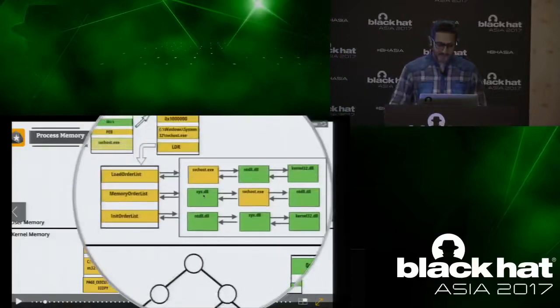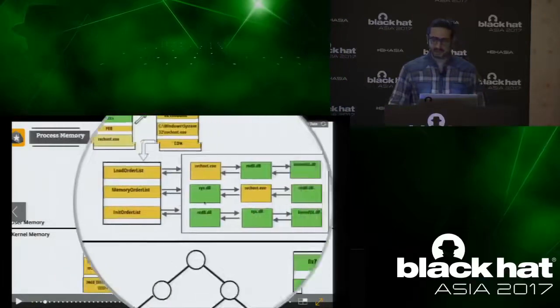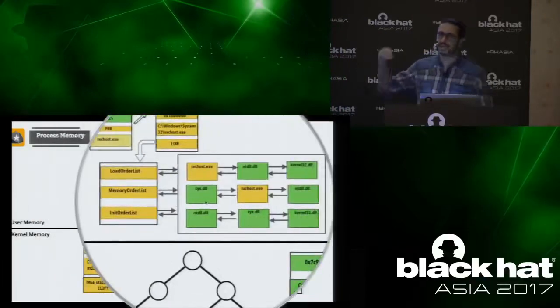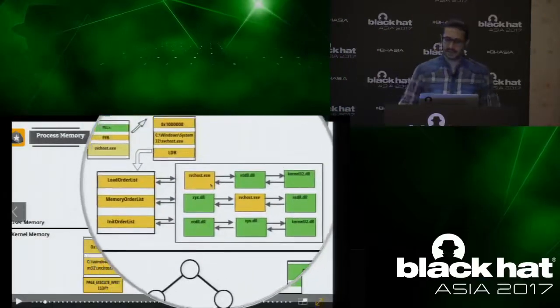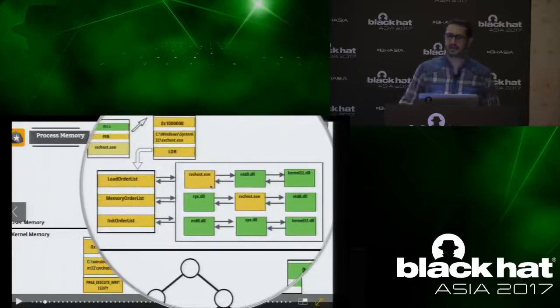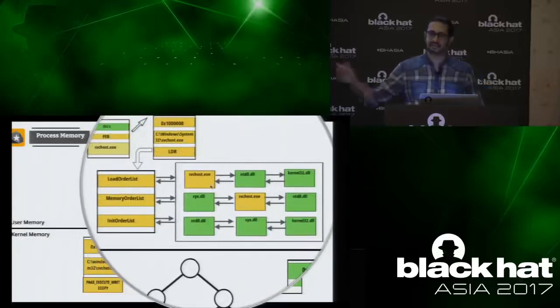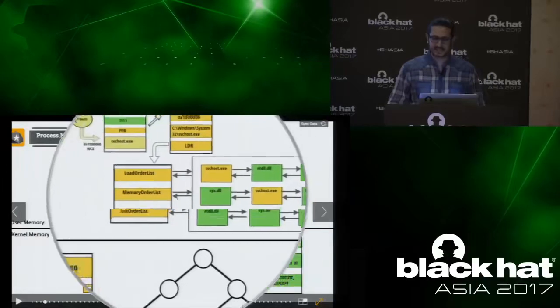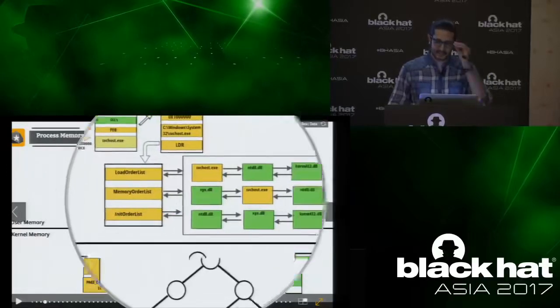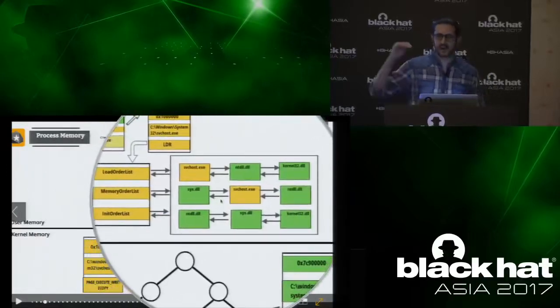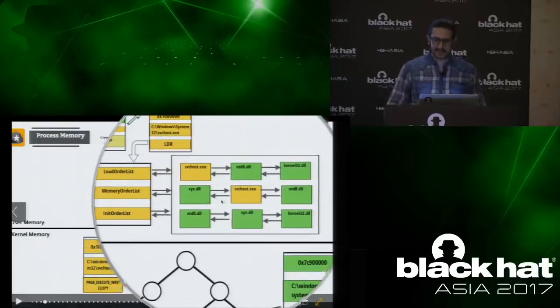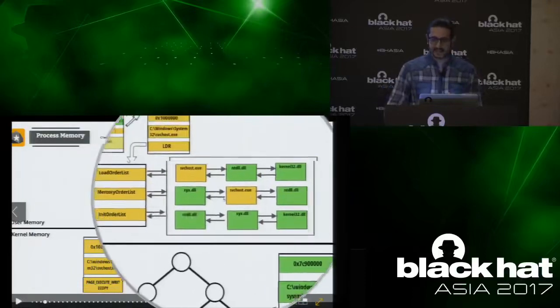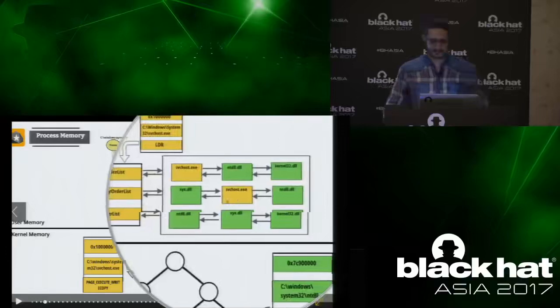The PEB also keeps track of the loaded modules in the order in which they reside in the memory. Just because svchost.exe is loaded first doesn't mean it will reside in memory first. So this doubly linked list keeps track of the loaded modules in the order in which they reside in memory. As you can see here, it is keeping the same data but in a different order.